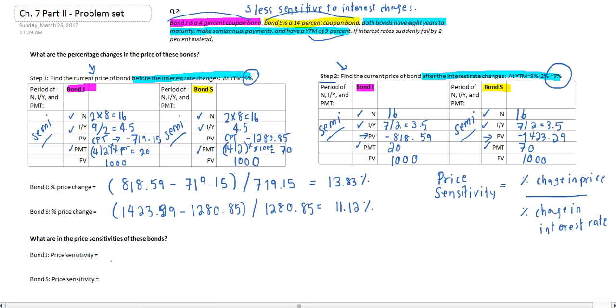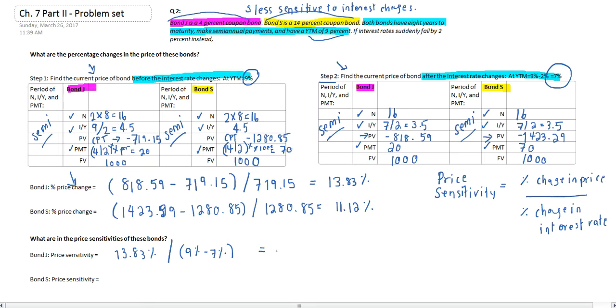So to find the price sensitivity of bond J, we already have the price change for bond J here, which is 13.83%, and divide by the percent change in interest rate, which changed from 9% to 7%, so that is 2% basically.